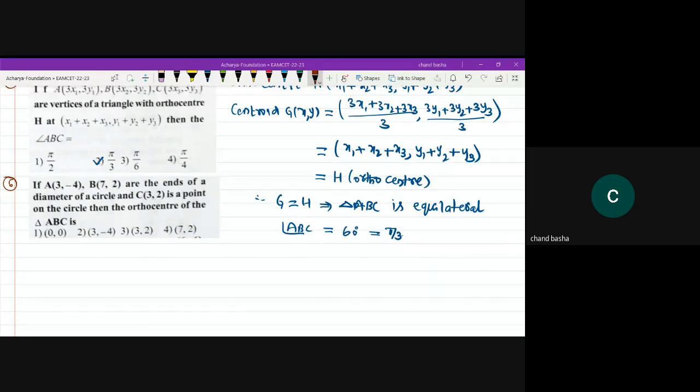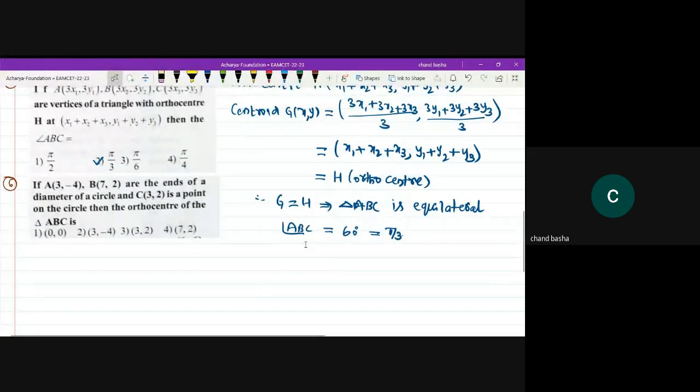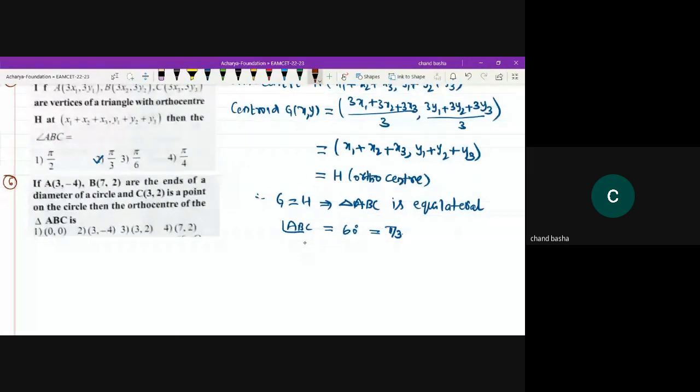Any idea? The question is so simple. Here, this is your circle. And clearly what he has given are the endpoints of the diameter of the circle. So if I take the diameter, that means your triangle is a right angled triangle.